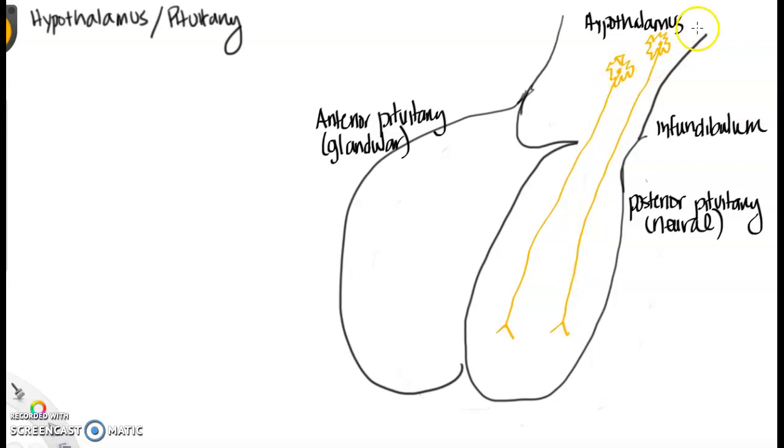So this top one here I'm going to call the paraventricular nucleus, and it synthesizes a hormone called oxytocin.